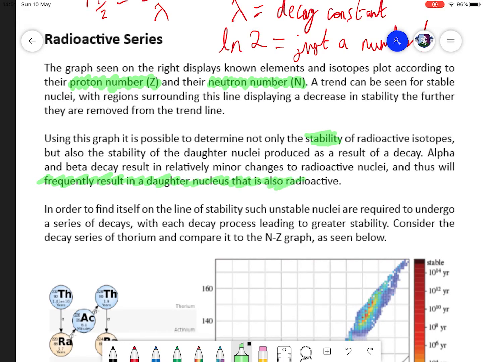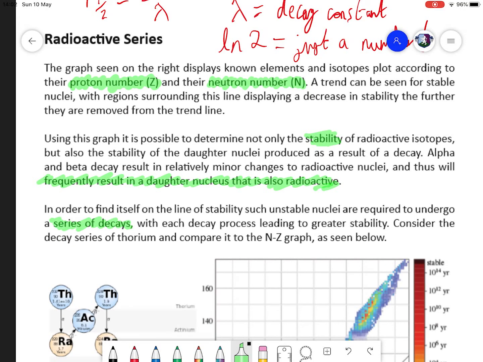Now, one thing that's often misunderstood with the radioactive sources is that when a decay has occurred, many people would assume that those atoms are now safe and stable, but they're not. It's very rare that a single decay will bring perfect stability to an atom. It very often has to undergo a series of decays.